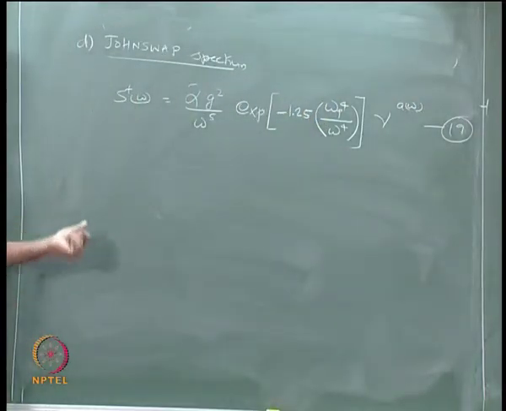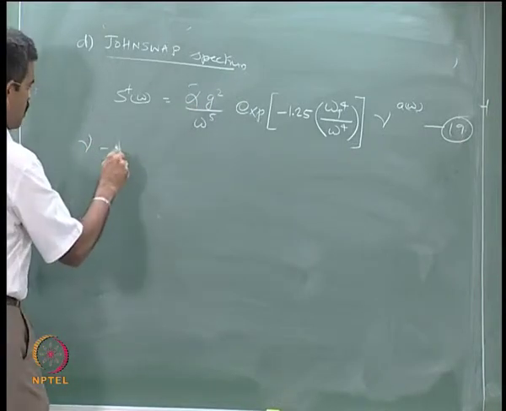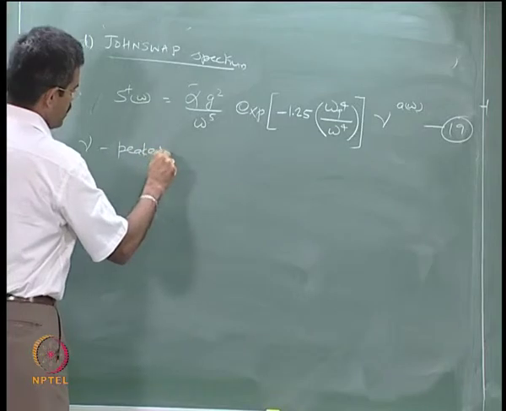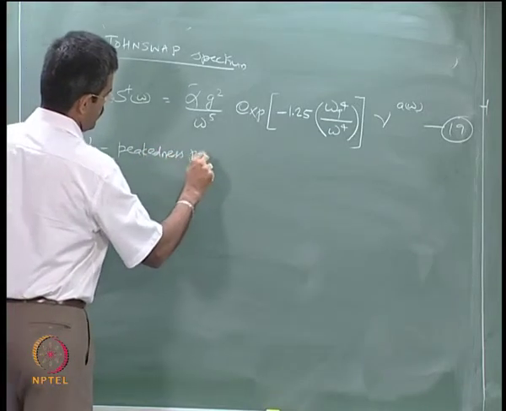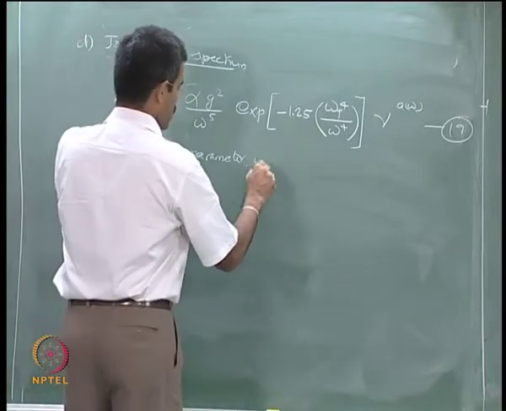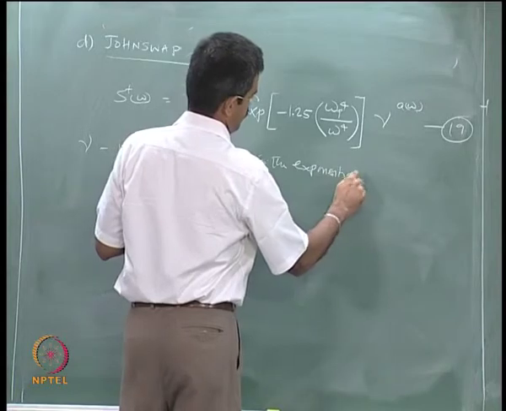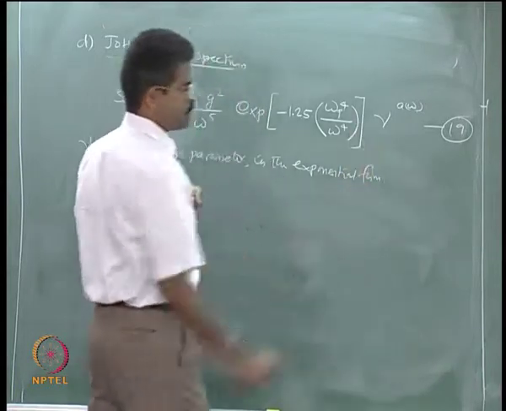This is the classical JONSWAP spectrum. The value gamma is called peakedness parameter and it is in the exponential form actually. Exponential means e power.